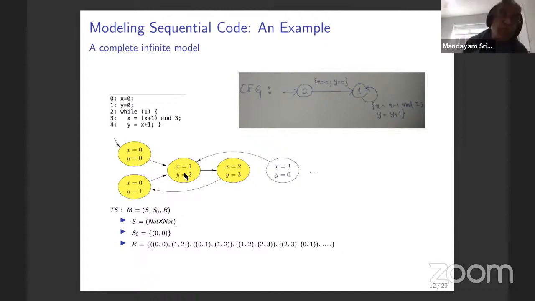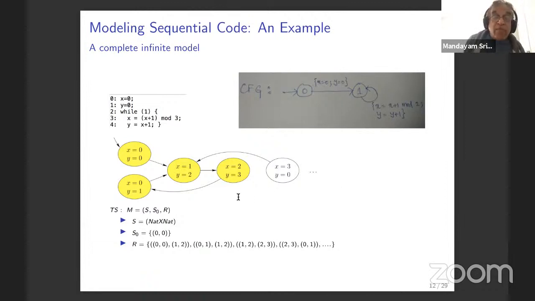Since your states can be very large, even if not infinite. In a real C program, there's nothing like infinite; they are all ranging over some finite bit vectors. But even so, if you treat the range as NAT, as I've done here, they are really infinite.